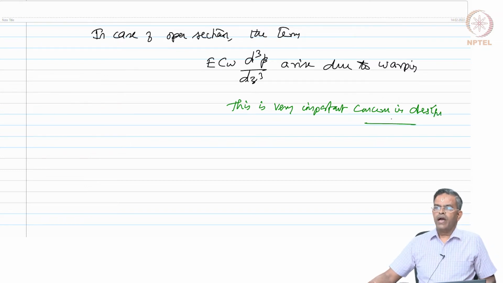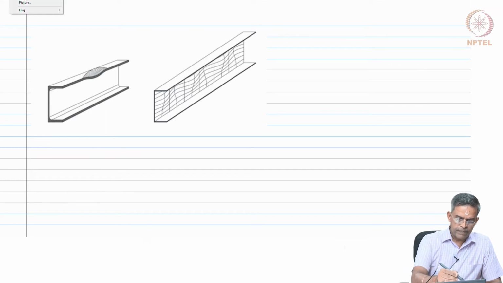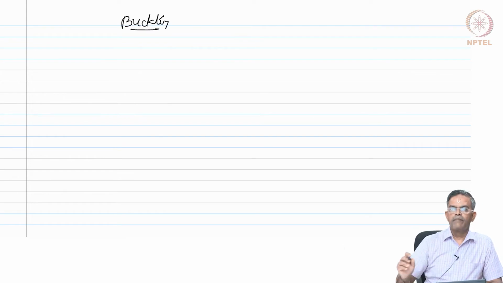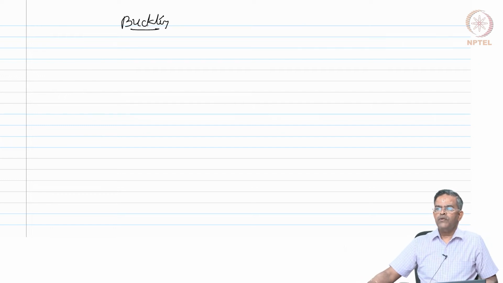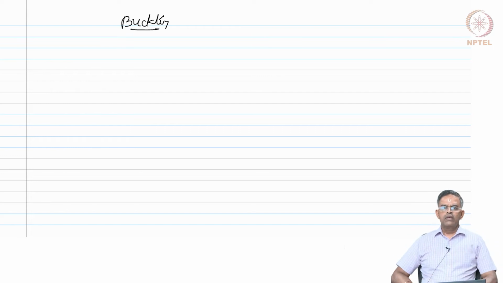Having understood how torsion is initiated and how warping is built in open sections, let us pay attention to buckling. We already know buckling failure is one of the dominant modes of failure in many steel structures.